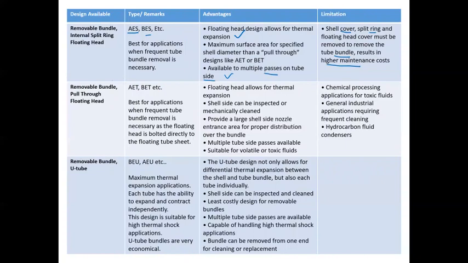Okay, for the removable bundle pull through floating head, this is the best application when frequent bundle removal is necessary, as the floating head is bolted directly to the floating tube sheet. Okay, it has the same advantages as the removable bundle internal split ring floating head, except that it is more suitable for volatile or toxic fluid.